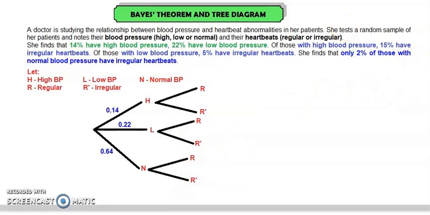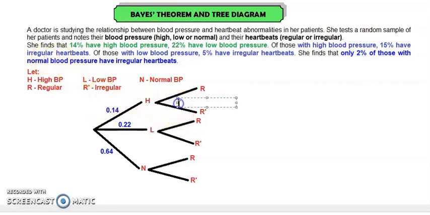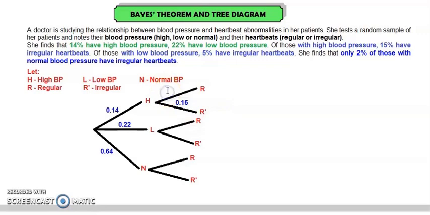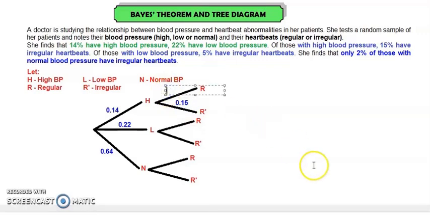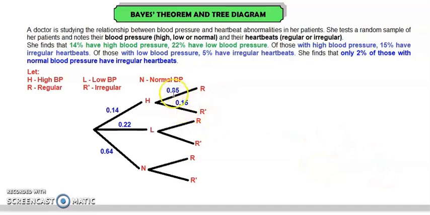Now assign the probabilities. Look at this sentence: of those with high blood pressure, 15% have irregular heartbeats. Irregular is R prime, so here is 0.15. Those with regular heartbeat will be 0.85, 1 minus 0.15.